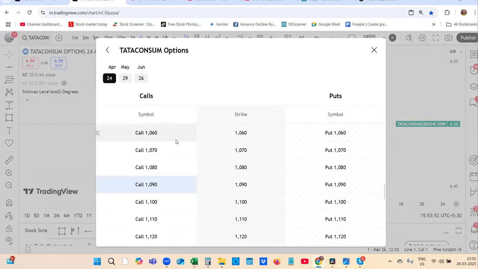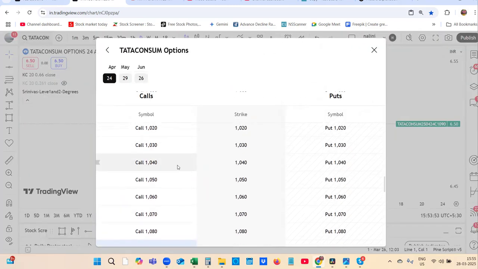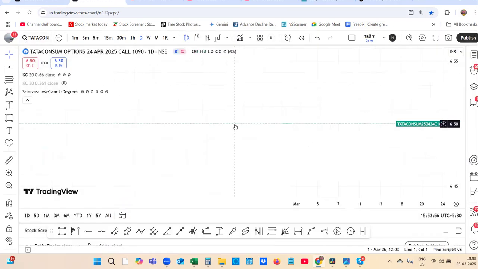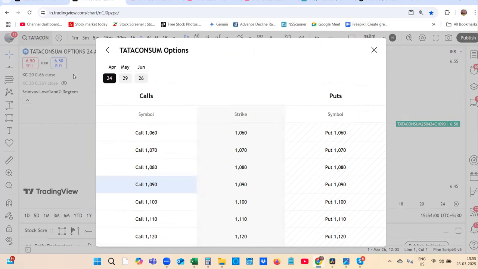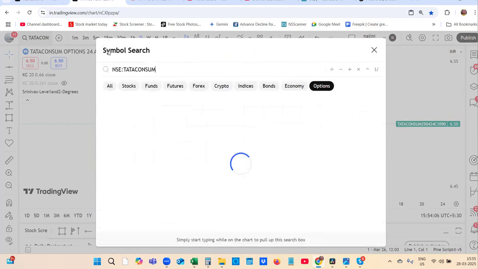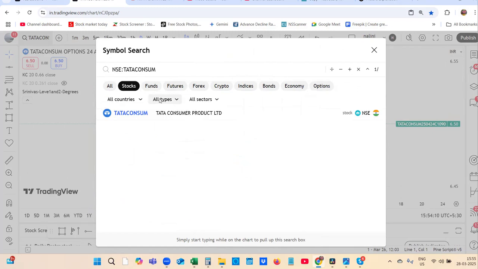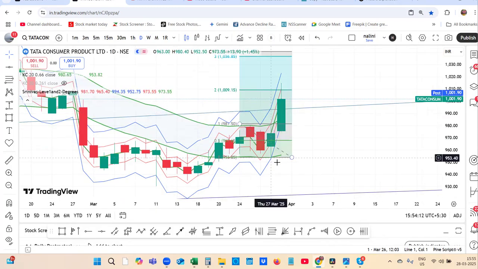I don't know how he took this. What is the price of Tata Consumer? He was mentioning that he had taken it for 2 rupees. Let me go back to the stock. Now it is 1,000 rupees, 960. Probably he might have taken 1,000 rupees, I believe.